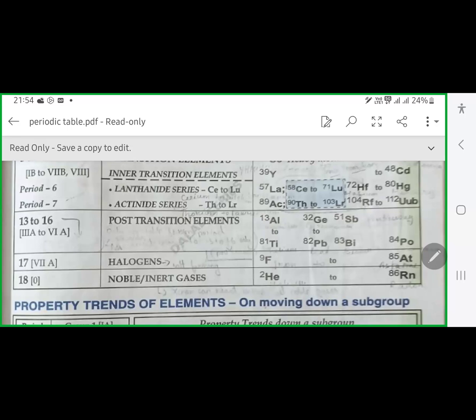Why? Earlier they were called inert gases, but nowadays we prefer the word noble over inert. Why?